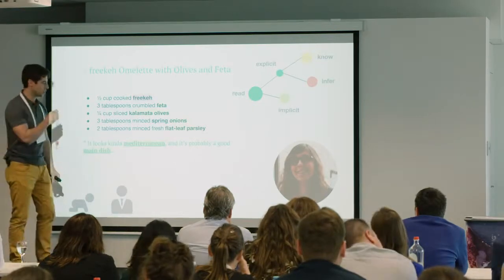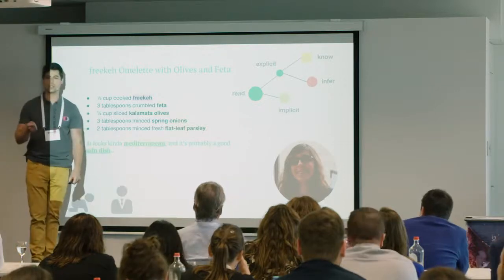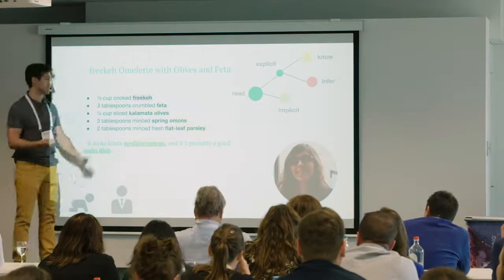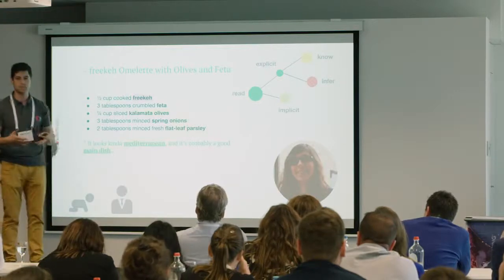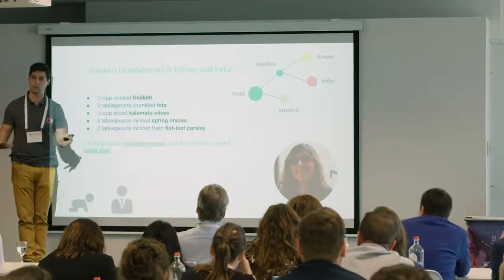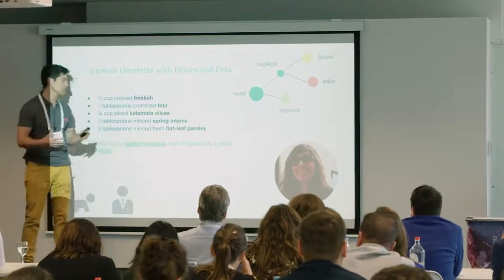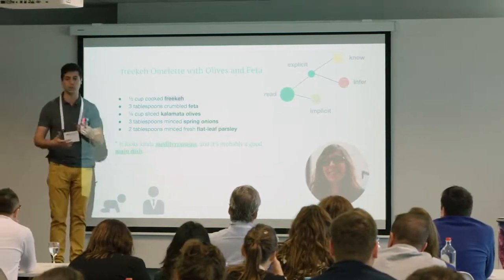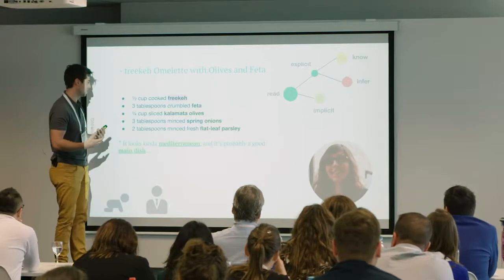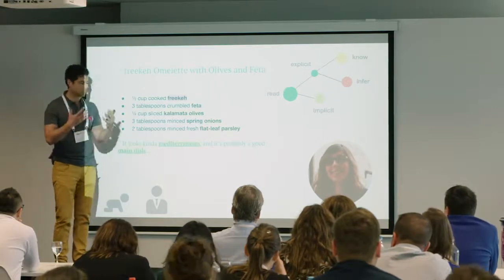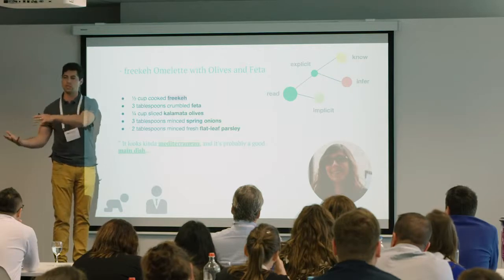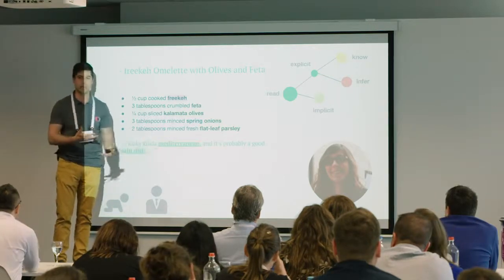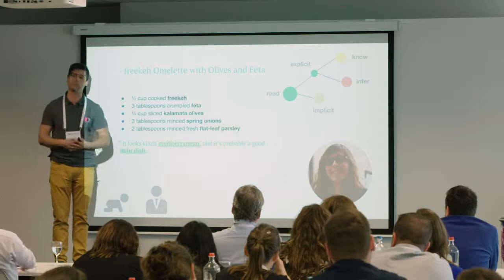Although this information is not explicitly mentioned in the text anywhere, she's still able to determine this because of her experience as a person over many years. She has seen a lot of Mediterranean dishes. We go out to lunch and dinner often, of course. And she's able to infer, okay, I would link this to a Mediterranean dish rather than, for example, an East Asian dish, based on my personal experience.